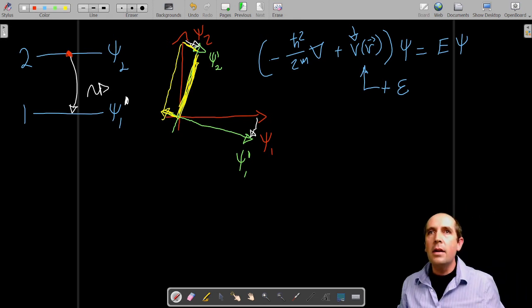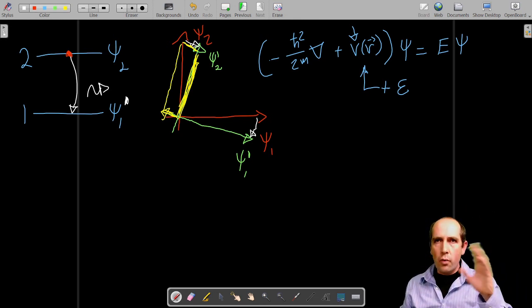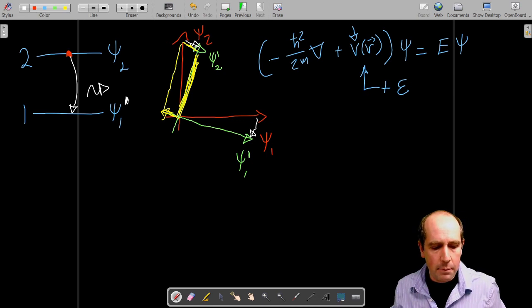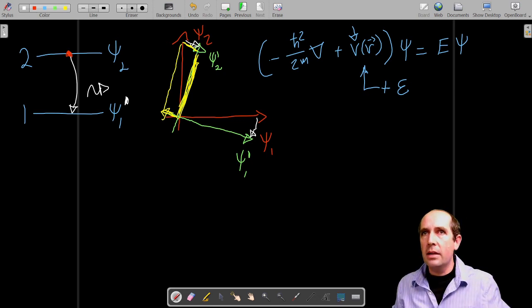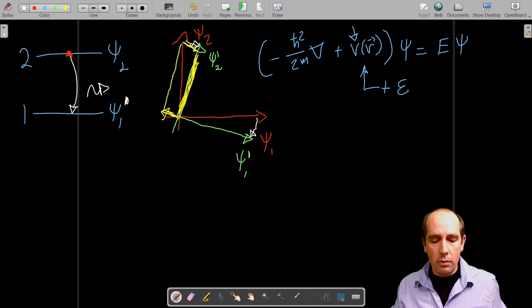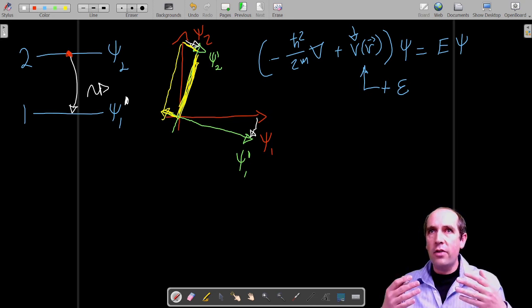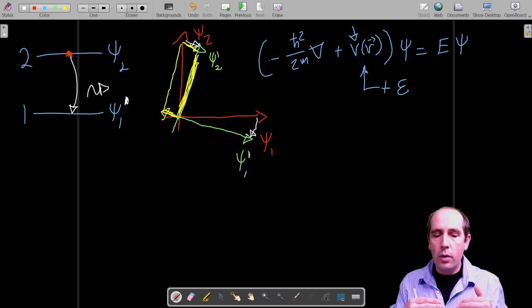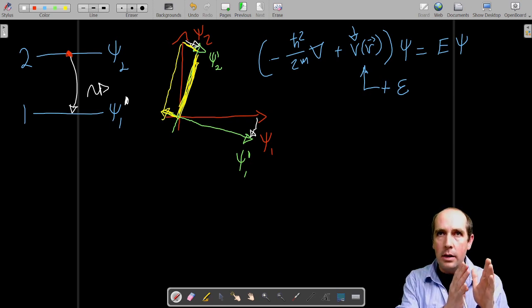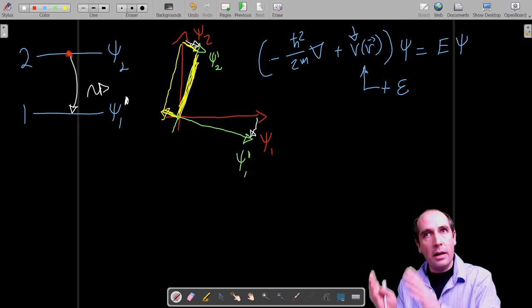And this transition, in principle, and if all the rules that apply occur, can happen by the emission of a photon. So what we see is that the vacuum fluctuations allow the system to transit from one quantum state to another and emit electromagnetic radiation.